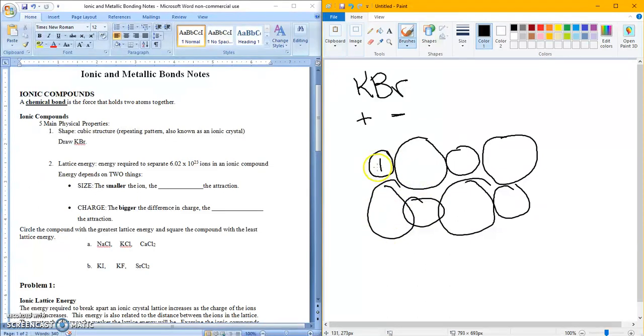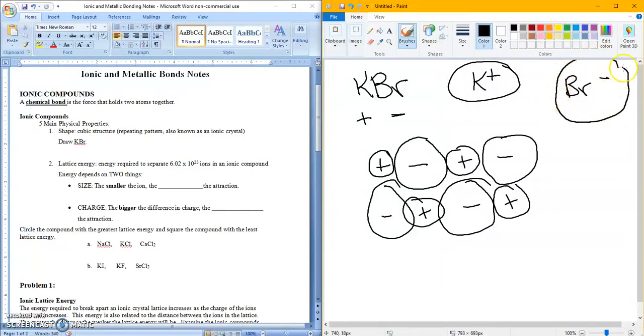Then I just need to label positive, negative, because that way I know what's going on. And then I need to write my key. Potassium is the positive cation. Bromine is the negative anion. Bromine's bigger, potassium smaller. That's how you draw it.